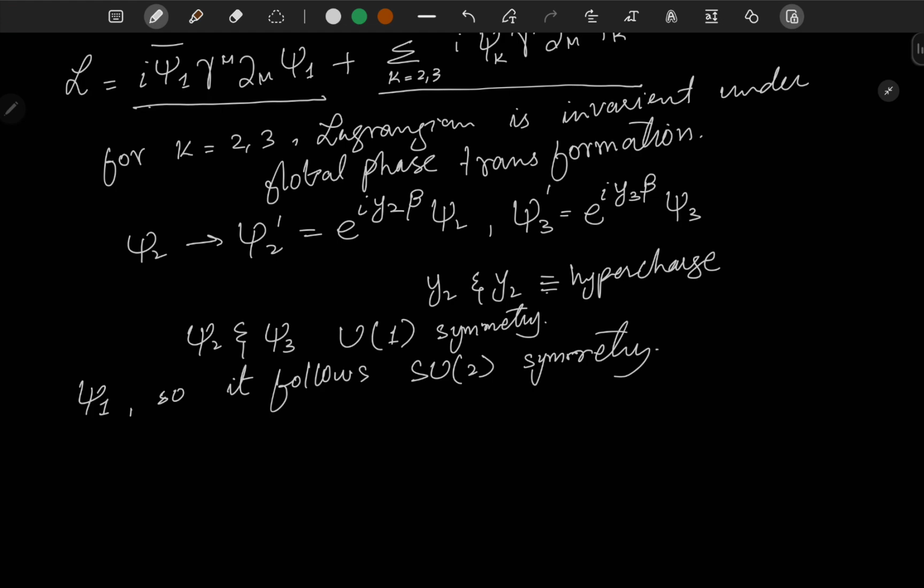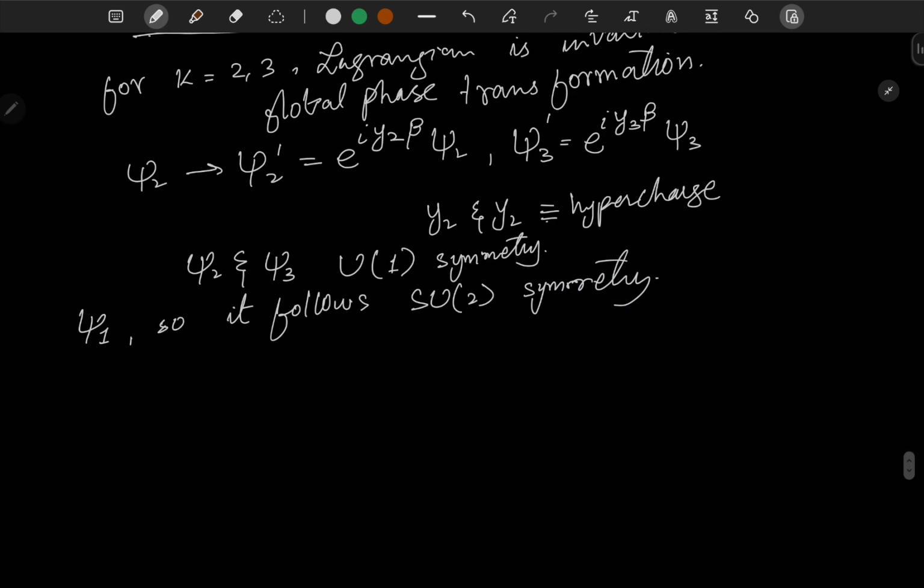Now in order for the Lagrangian of psi1 to be invariant under global transformation, first we write the transformation law for the psi1 field. It will be like that.